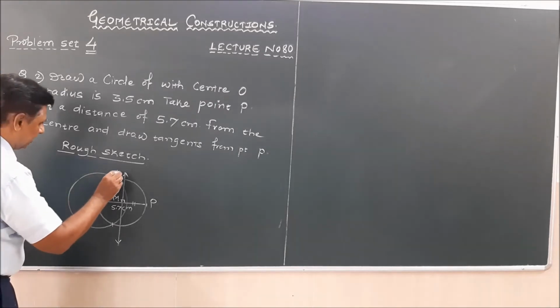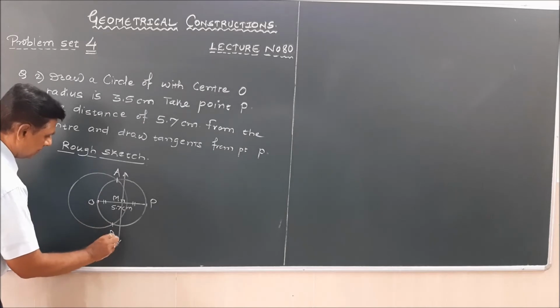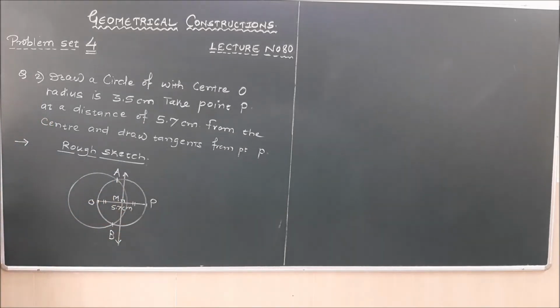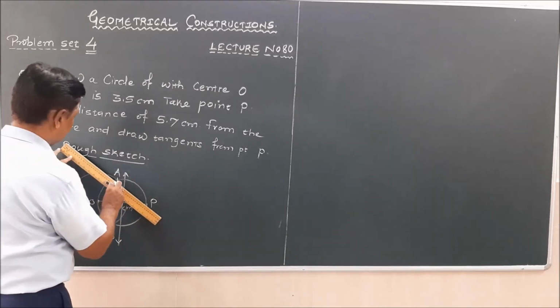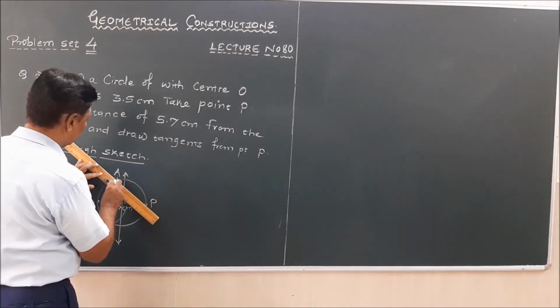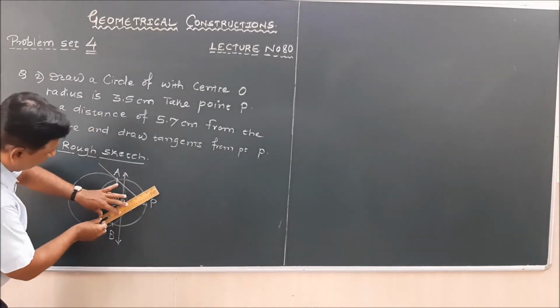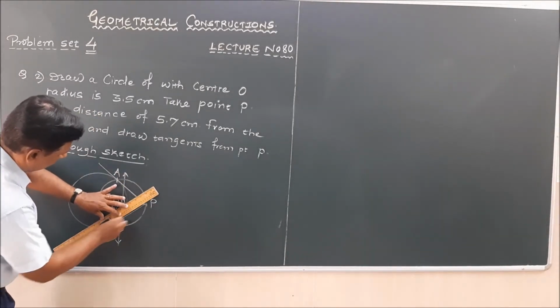These circles are intersecting each other in points A and P.